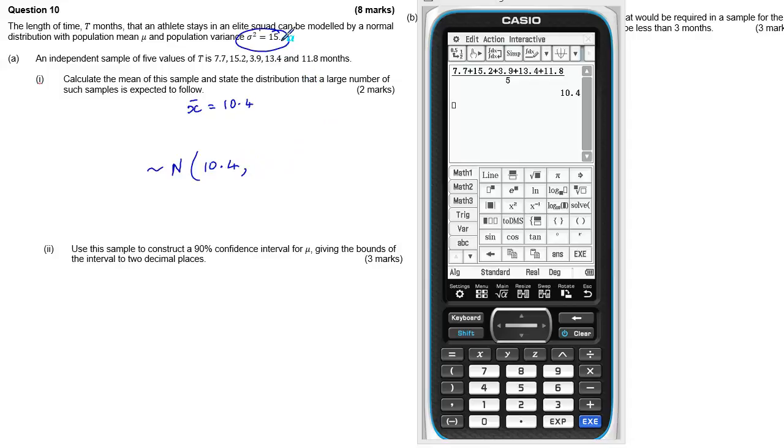Now we're given the population variance here, and what we would do is divide that by 5 because there's 5 in the sample. Remember, when we've got standard deviation, it's sigma over root n, so it stands to reason that it's sigma squared over n. And so that's going to be a normal 10.4 and 3.